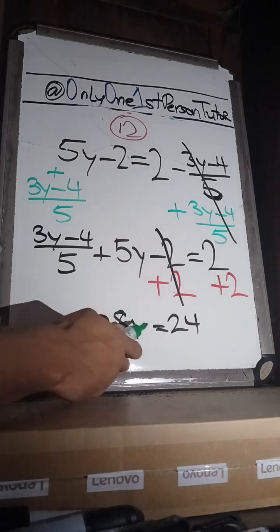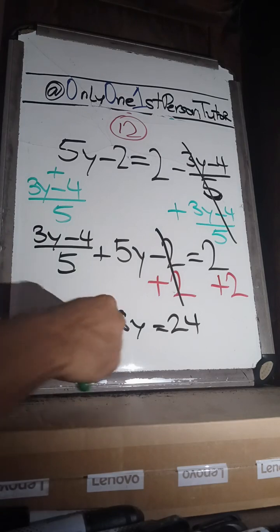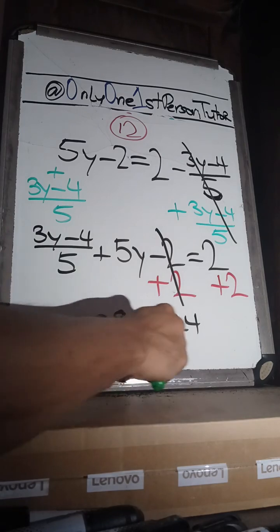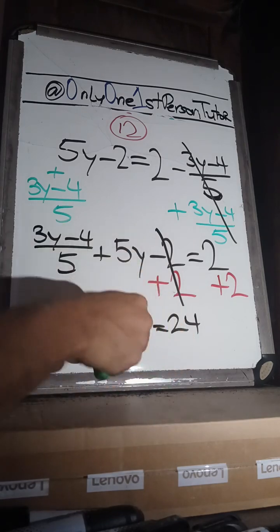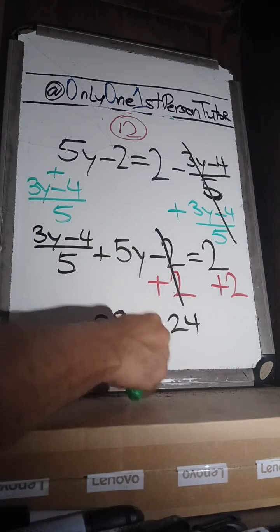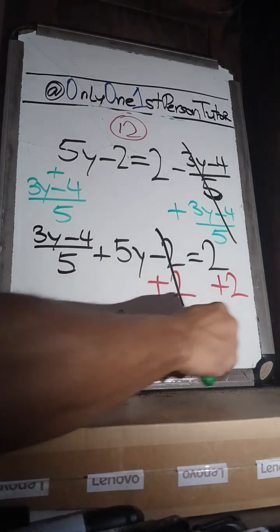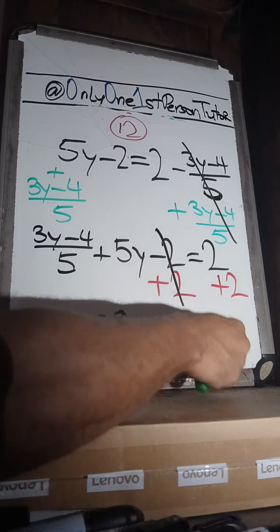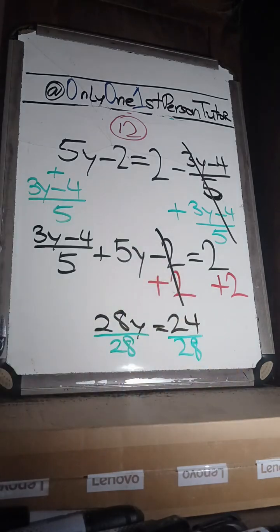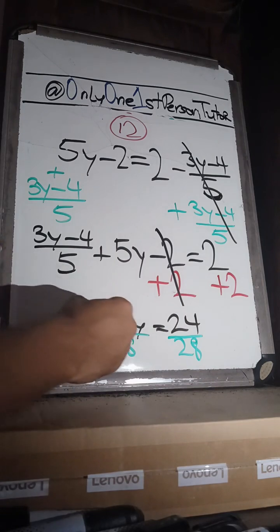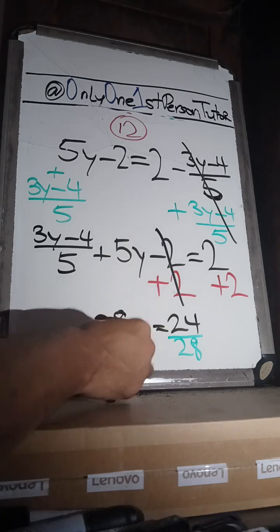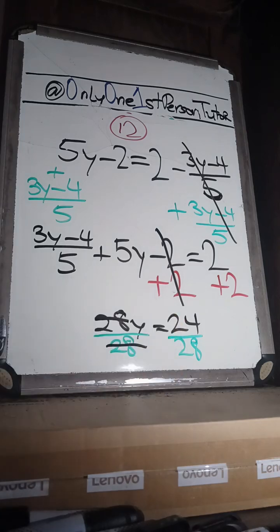So we get rid of what we multiply by dividing, because we have 28 times y. We divide this by 28, that by 28. And if we want to reduce that fraction 24 over 28, well, let's see.